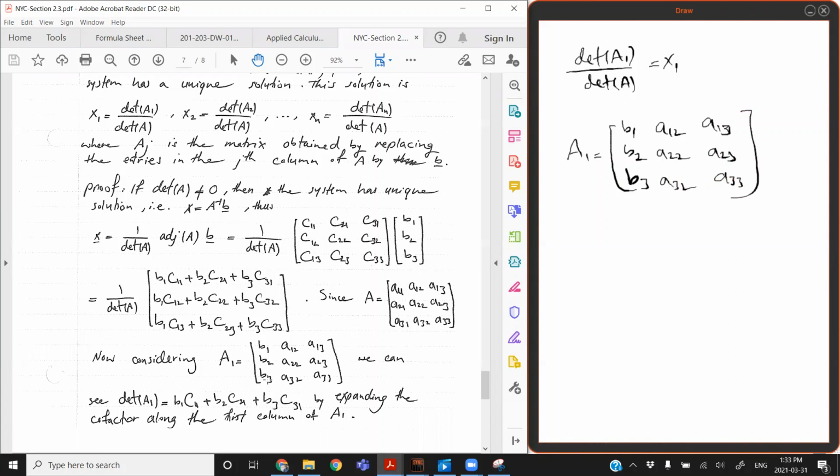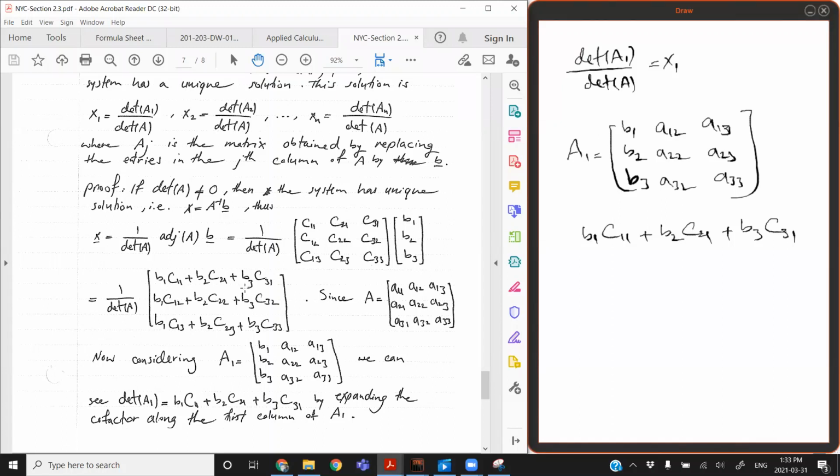Now, if I expand the cofactor along the first column of B, what am I going to get? I'm going to get B1 times the corresponding cofactor, which is C11, plus B2 times the corresponding cofactor, which is C21, plus B3 times the corresponding cofactor, which is C31. Yes, it's exactly what we have here.